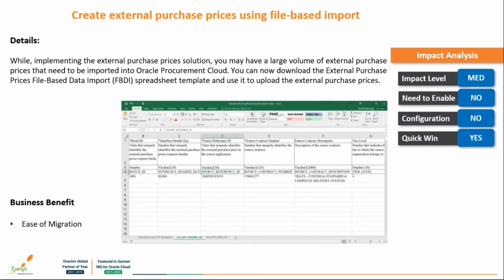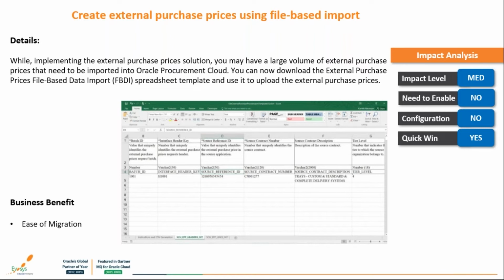This spreadsheet contains a worksheet for the headers and a worksheet for the lines. You must specify a unique header key and source reference identifier in the header and lines worksheets. These two identifiers link the header records with the line records.